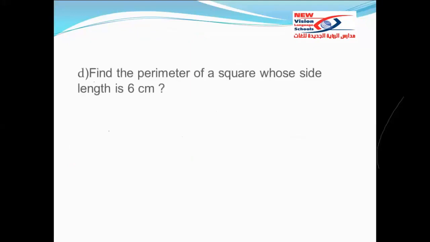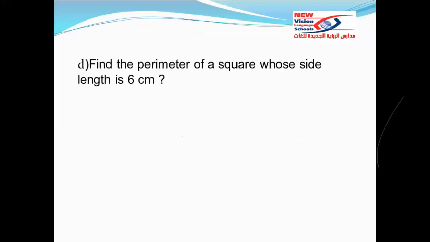He may ask you to find the perimeter of a square. Barthine, open your mic. Solve it. Area equals... no, side times side. Letter D. Read it.